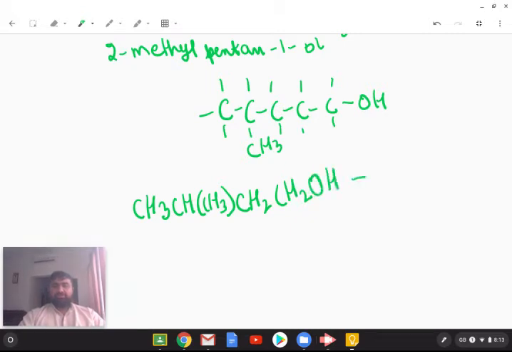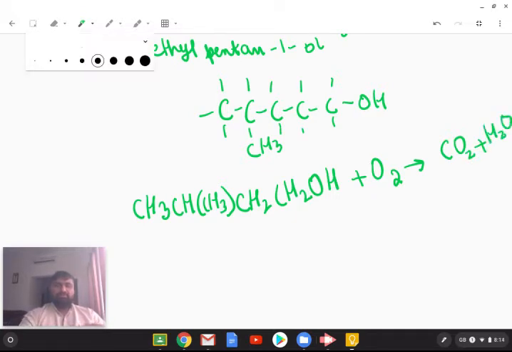When it reacts with oxygen, it must give you carbon dioxide and water. For balancing, same rule. How many carbon atoms? 1, 2, 3, 4, 5. 5 carbon atoms. 1, 2, 3, 4, 5. So I missed something. Okay, let's do it again.